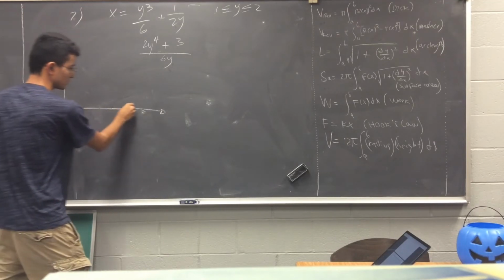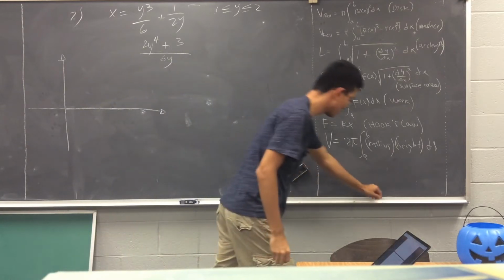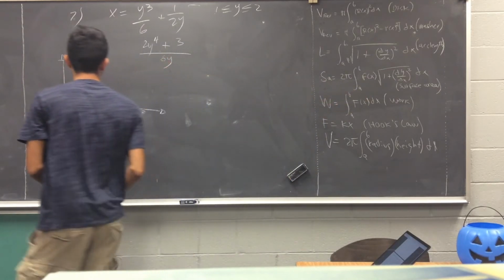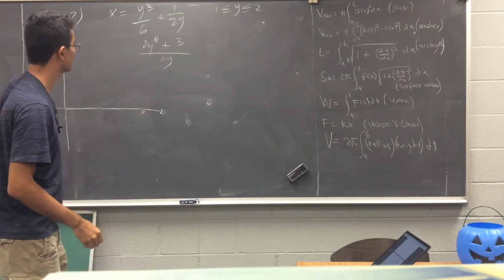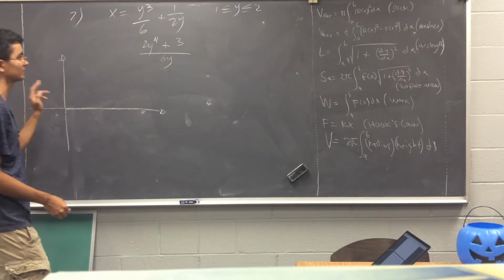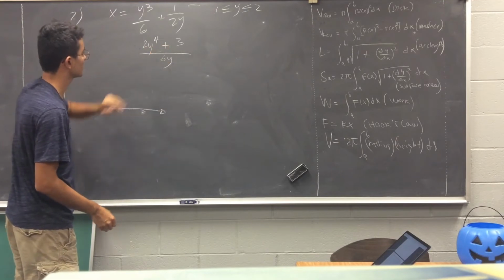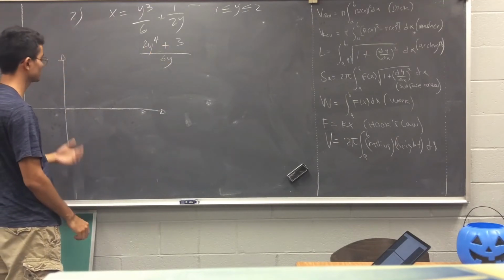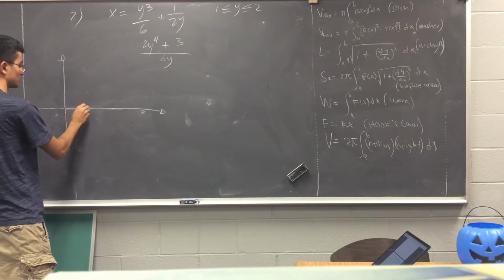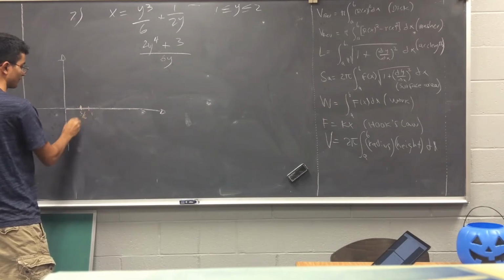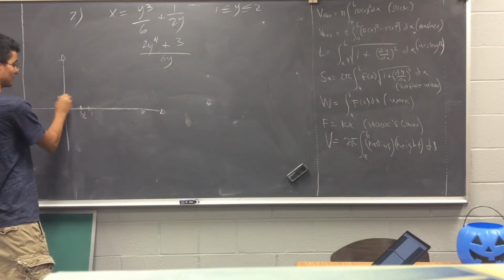Now, let's see where this asymptote is being approached from. Let's plug in, for example, y equals 1. So we get 2 plus 3 divided by 6. 2 plus 3 is 5, so it's 5/6. So it should be somewhere around here. So this is 1, this is 5/6, and this is 1.